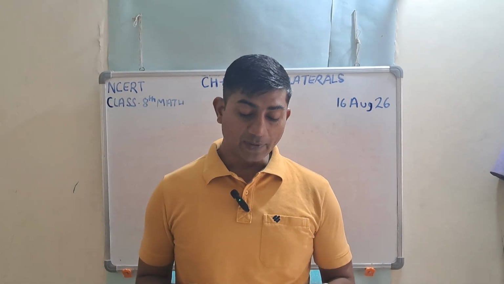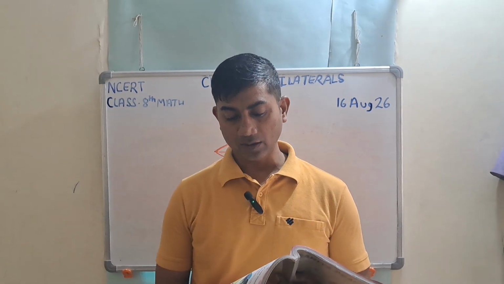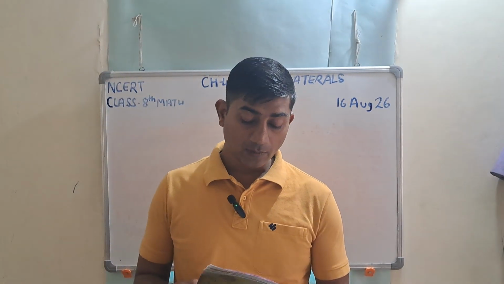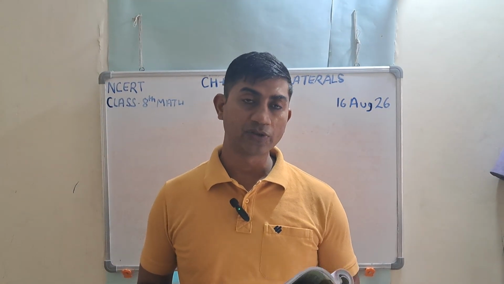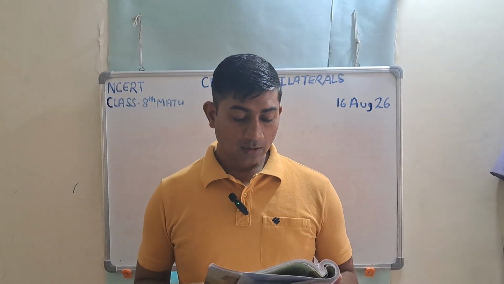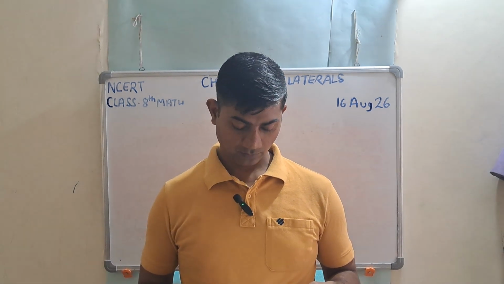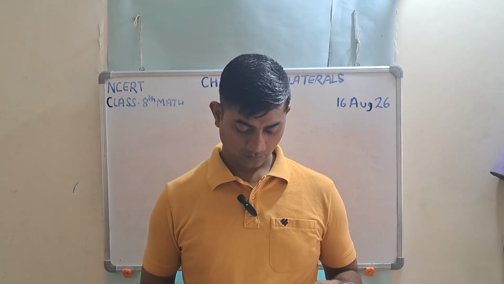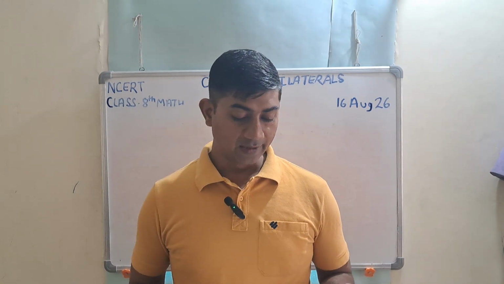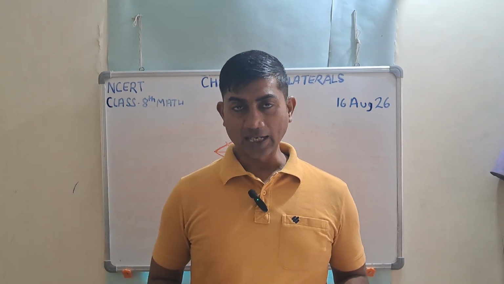Now dear students, we have a next topic, that is playing with the quadrilaterals. There is a geoboard which you should have, on which you can play. By using the geoboard you can make different quadrilaterals with the help of rubber bands.